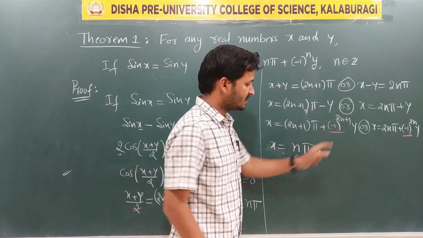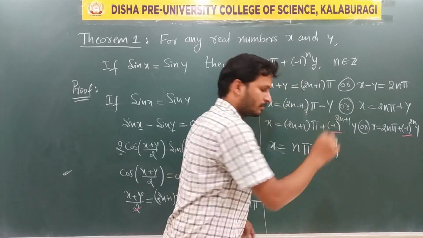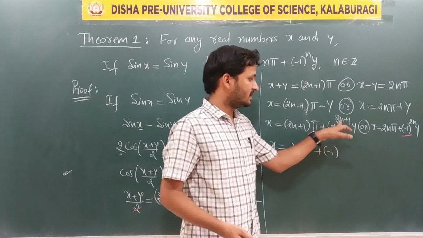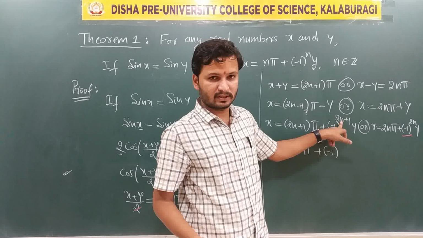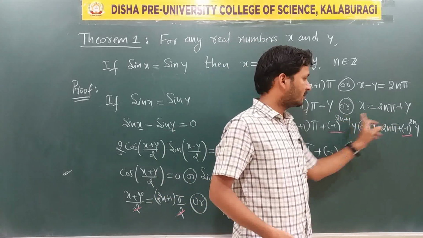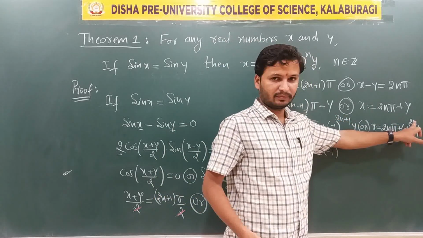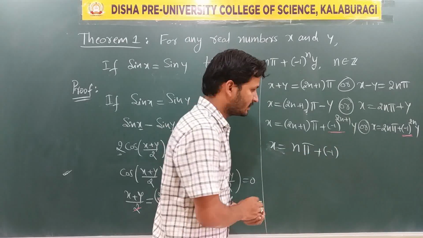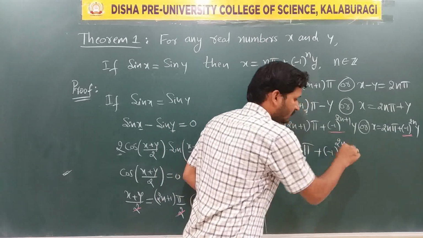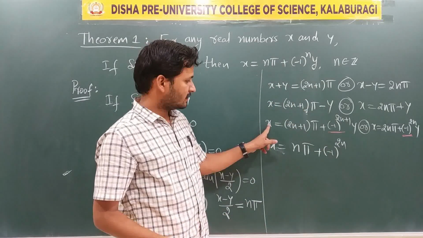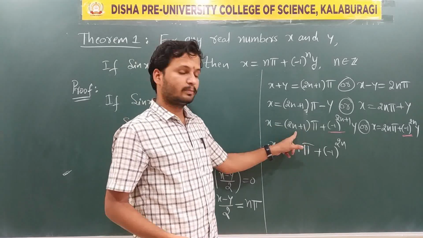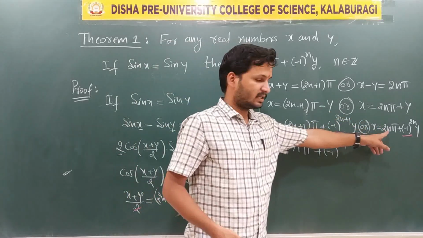Here minus 1 to the power 2n plus 1, that is odd, and again here even, minus 1 to the power 2n. That means x takes odd multiples of pi and even multiples of pi.